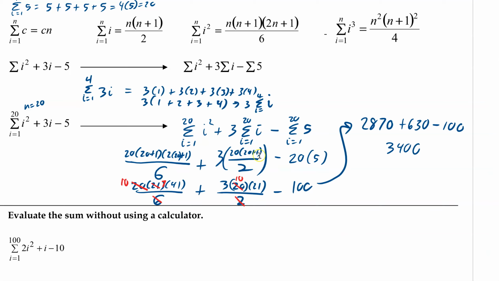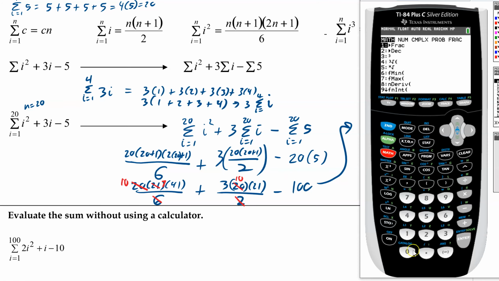We could have just plugged this in our calculator, but let's verify to make sure this is true. So math 0, and then we're going to go from 1 to 20, and it's x squared plus 3x minus 5, hit enter, and look at that, 3,400.